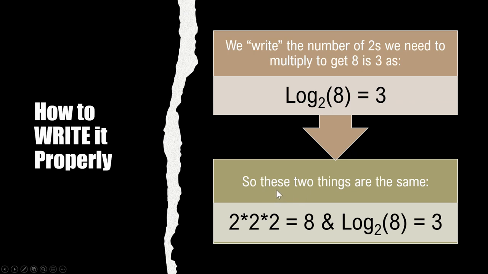Now you've got two statements that are exactly the same: 2 times 2 times 2 equals 8, and log base 2 of 8 equals 3. You might be looking at it and going, wait a minute, how are those two things the same? Remember, 2 times 2 times 2 is 2 to the third power. So these two things are the same thing.